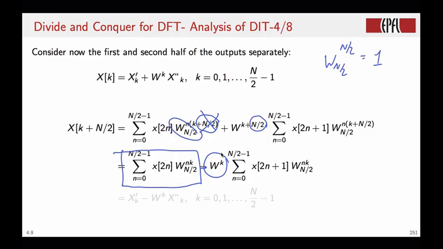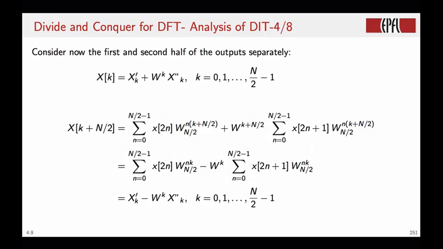And last but not least, we do the same simplification here. This falls out. It's an integral power N/2 of the root of order N/2. So this is a second DFT. Okay? So what we end up having is something very simple: the second half looks very much like the first half, except that we have a change of sign here.